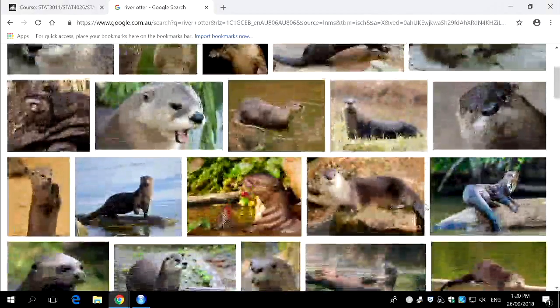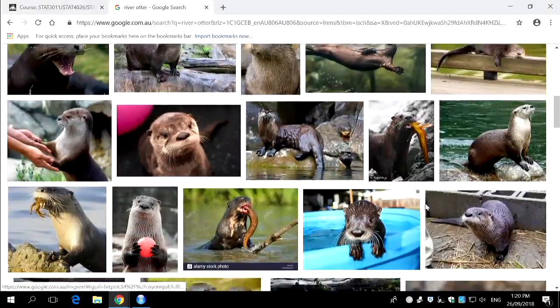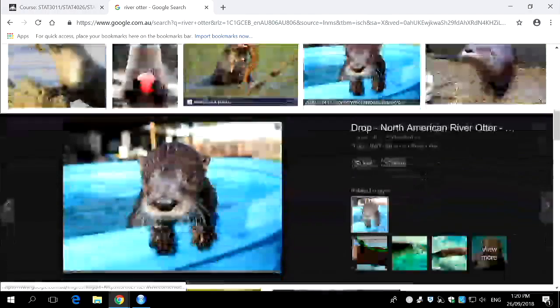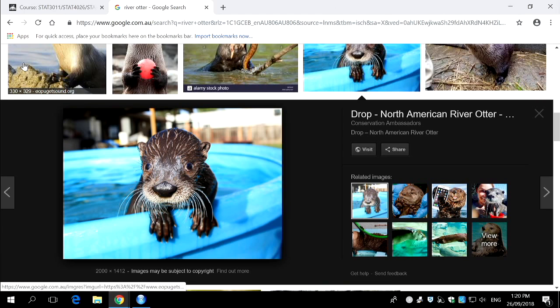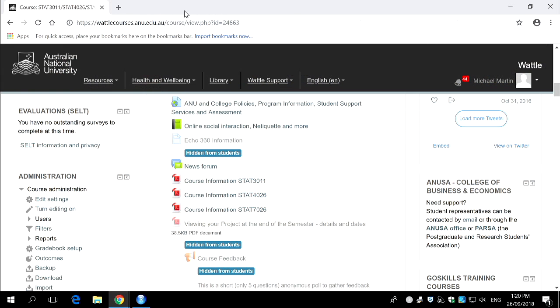And who would not love this? See? Look at that. He's saying, do the otter data. Please do the otter data. He looks pretty nicely groomed too, doesn't he? Actually, he looks a little scary, I've got to say. Anyway. So it's up to you.